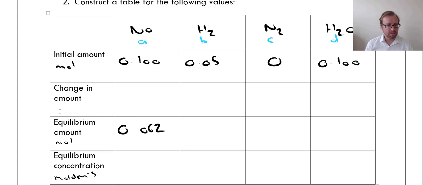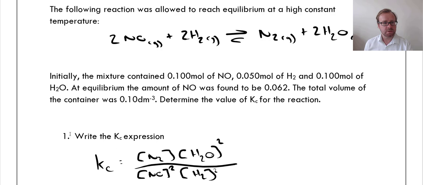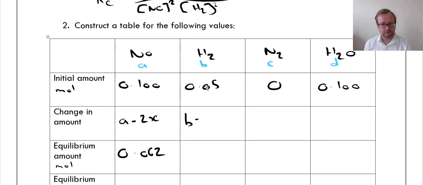My change in amount expression must be my initial amount, A, minus 2x, which I've already calculated as 0.038. For H2, B, minus my molar ratio, remember, is 2 to 2. Therefore, 2x.